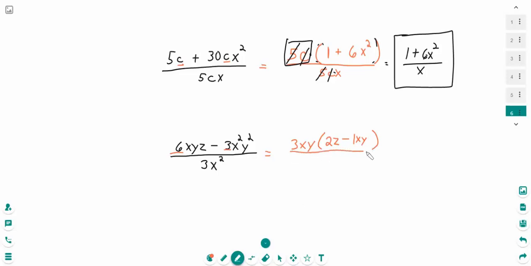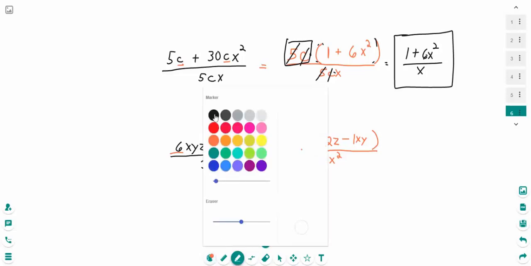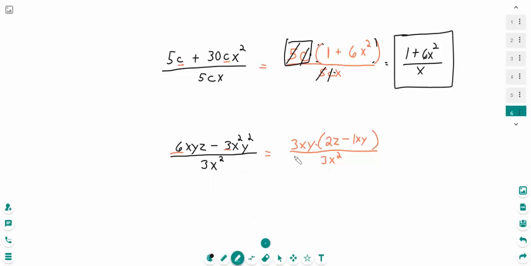All right, now we divide out, and we've got a 3 and x squared in the denominator. Okay, so again, we have multiplication. This is being multiplied by everything. So we can cross cancel if we have common factors in the numerator and the denominator. So the 3's are common. We can cross those out. Now this x, we only have 1 up here, and we have 2 being multiplied down here. So this x would eliminate one of these x's.